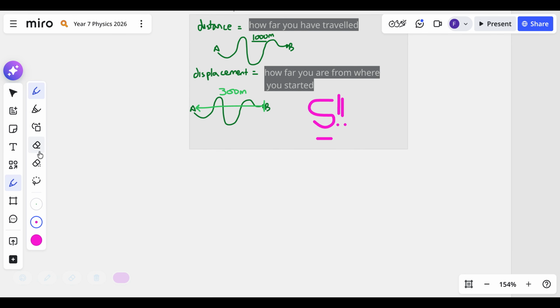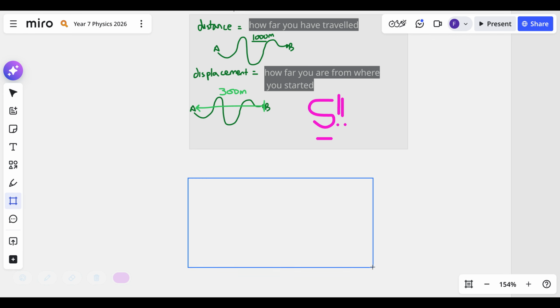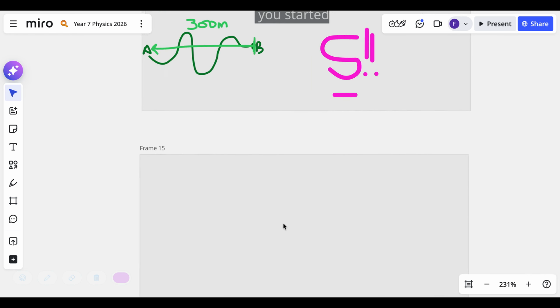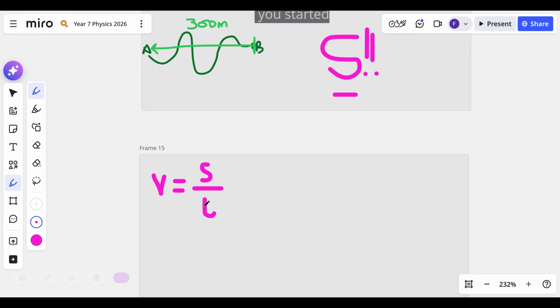So then that now brings us to our formula, which is pretty much straightforward. However, I'm going to teach you how to mess about with it and what different things mean. If I want to work out my velocity, it is displacement over time. All right? And the units for velocity is meters per second.